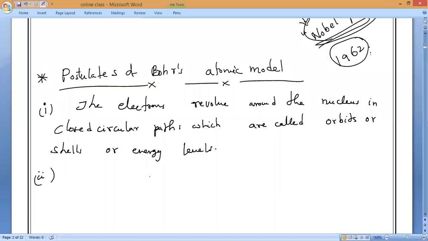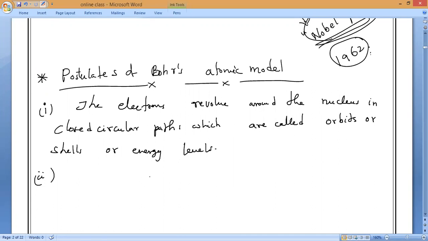Now you tell me, does the entire mass of the atom depend only on the nucleus or including electrons also? From the beginning I am saying we will neglect the mass of electrons. Why will we neglect the mass of electrons? It's very, very small.